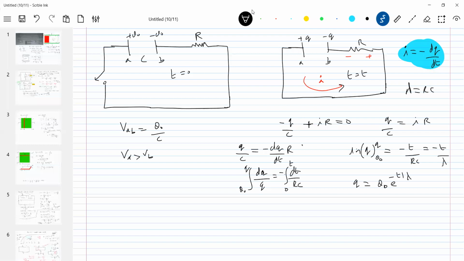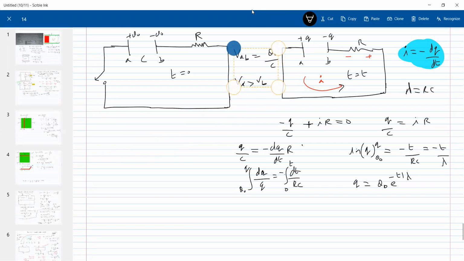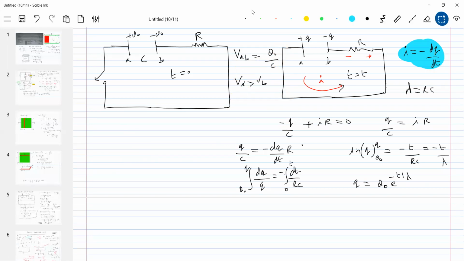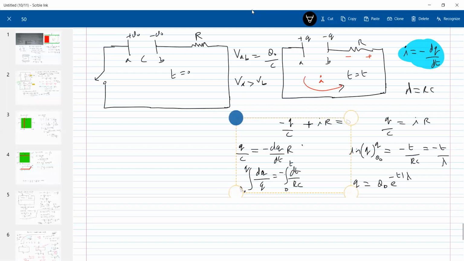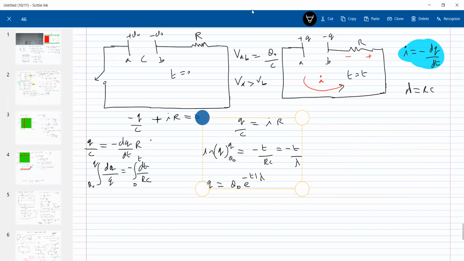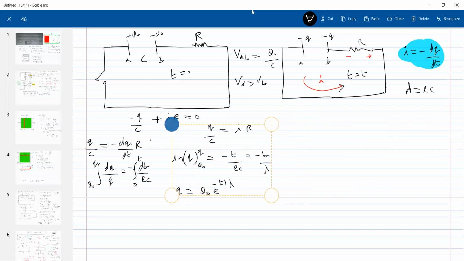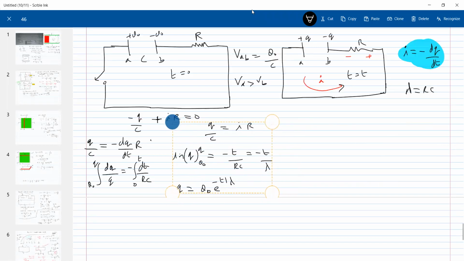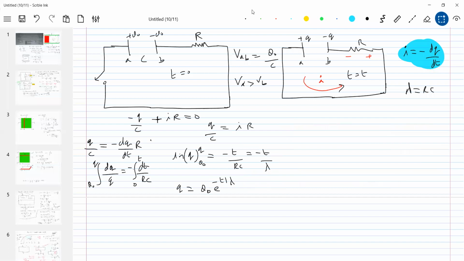So look at the conditions now. Look at the charge, all the quantities, like the charge here. It decreases. So I want the current. So I'll differentiate this.